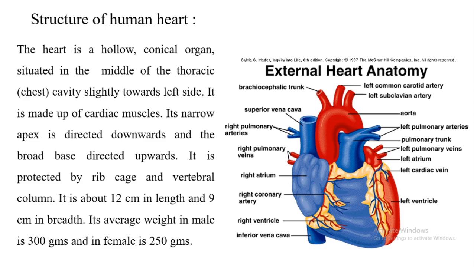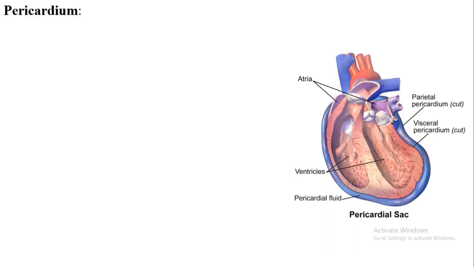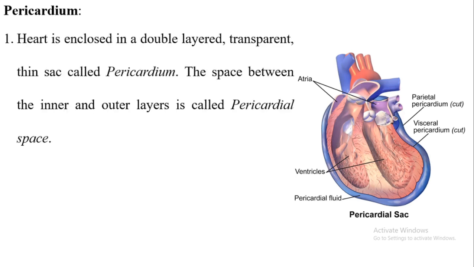Now let us see which parts are associated or what structure the heart exhibits. So first one, pericardium. Heart is protected inside a double layered transparent thin sac like structure called pericardium. The pericardium encloses a space between its two layers. That means you can say pericardium is made up of two layers.